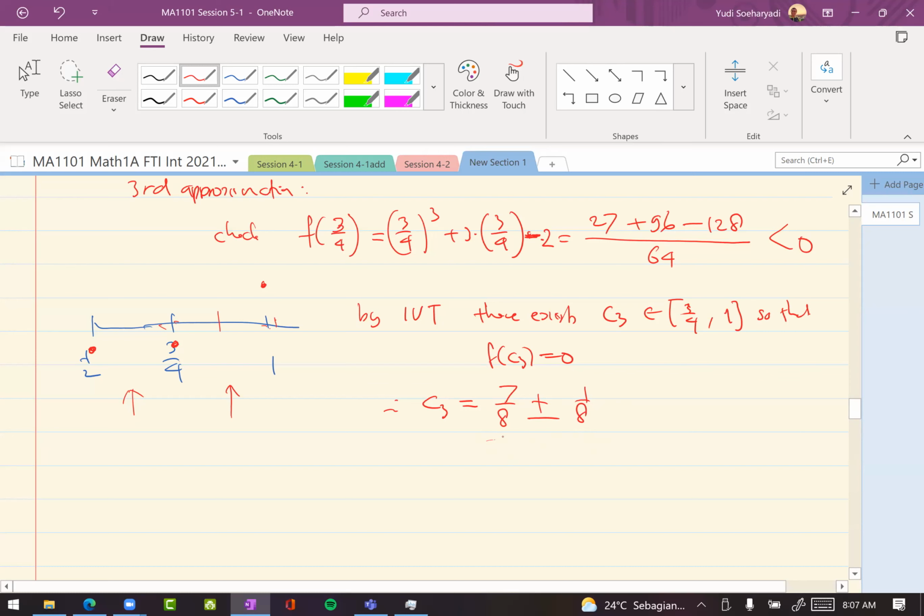Now check these functions. Use your calculator, compute this. Check this. So you compute this. What do you get?